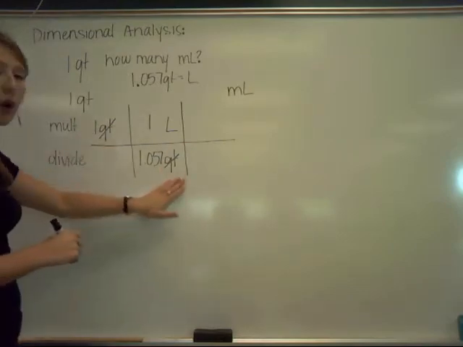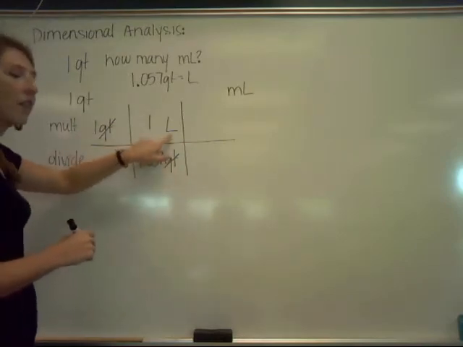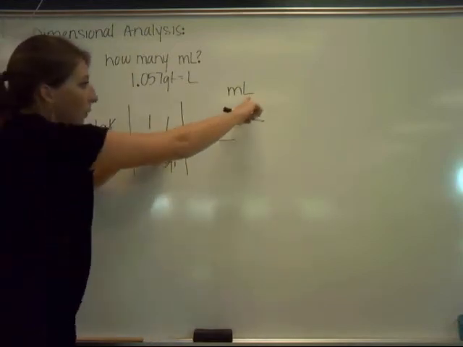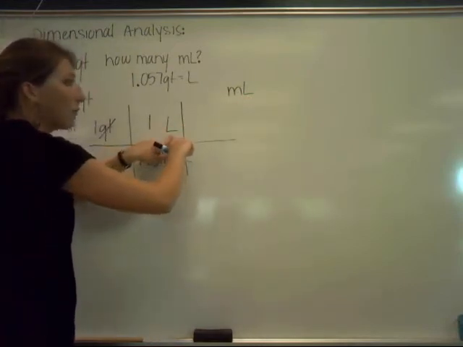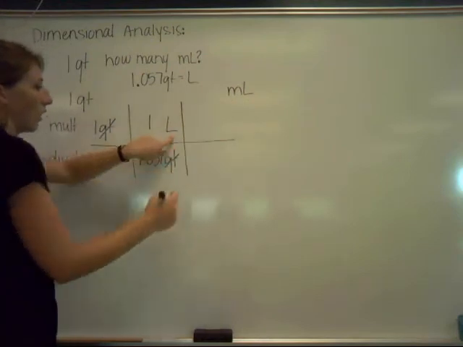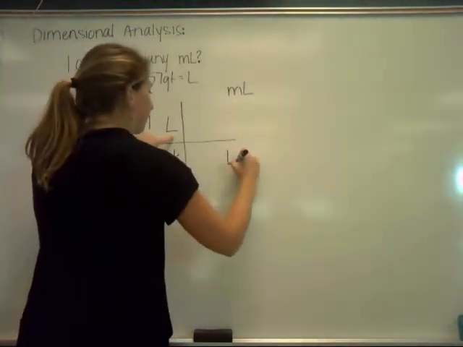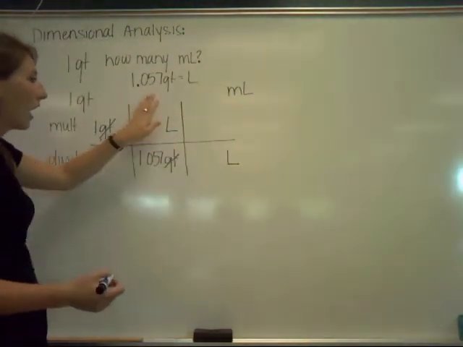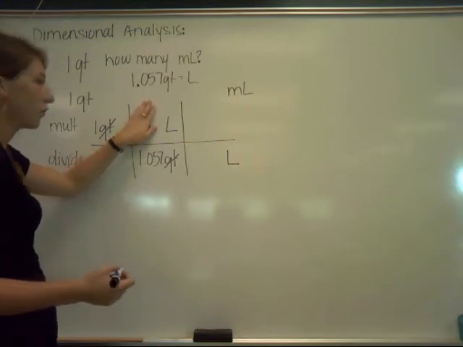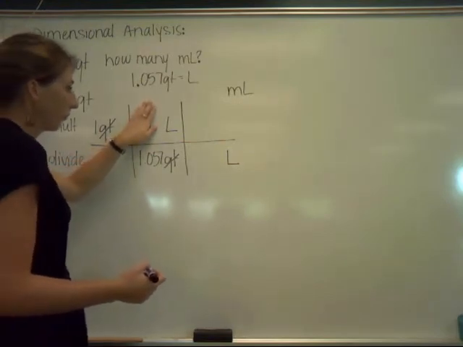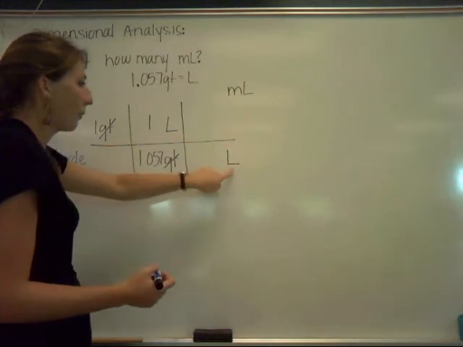Now, I've gotten rid of my quarts unit, but I still have liters. I don't want my answer in liters, I want my answer in milliliters. So, I'm going to put liters on the bottom, because that's my unit right there. Again, I forgot about the number that was right here. So I just took this L and I put it down there.